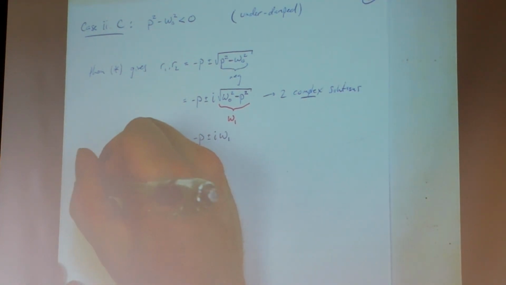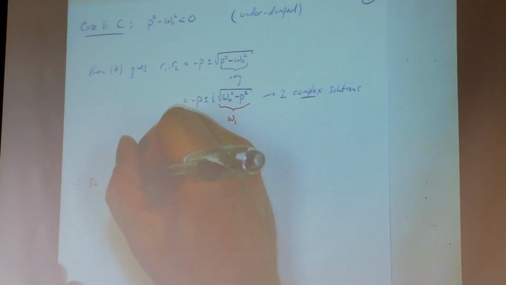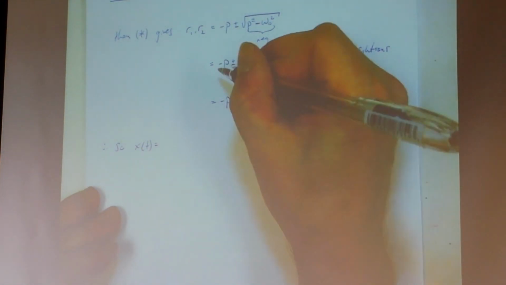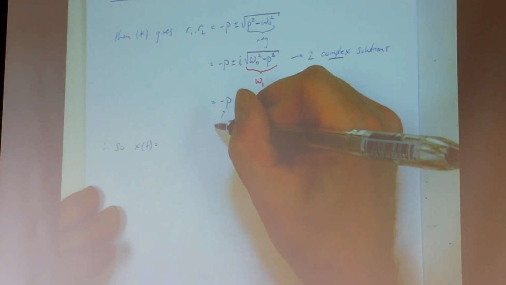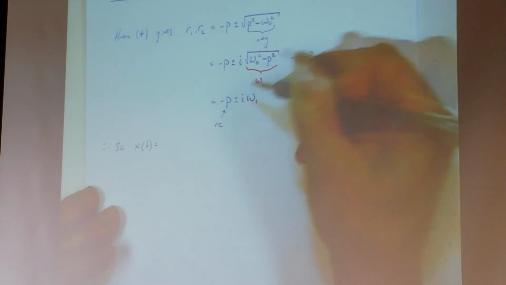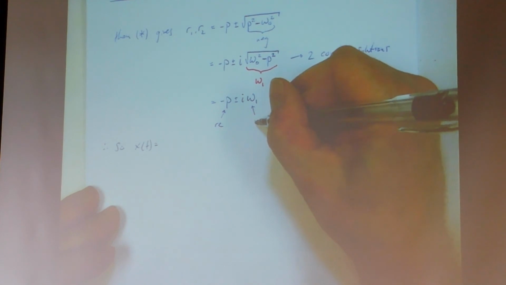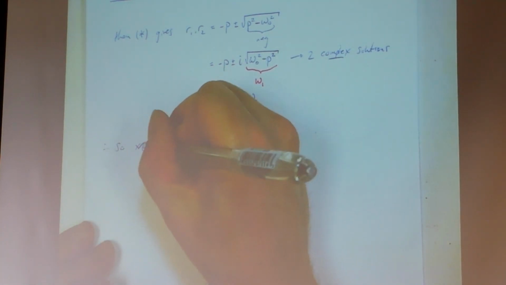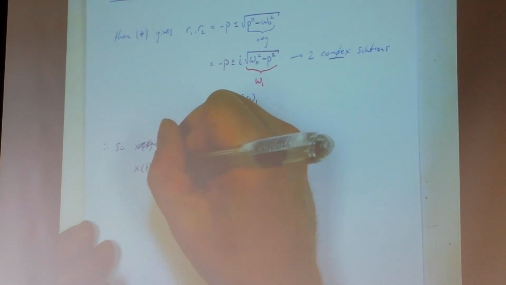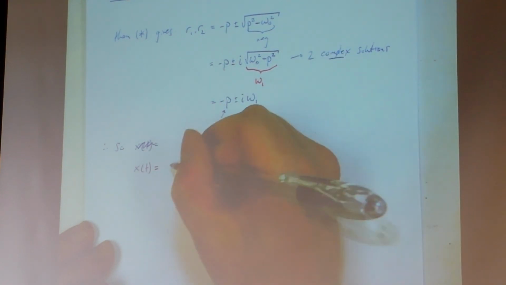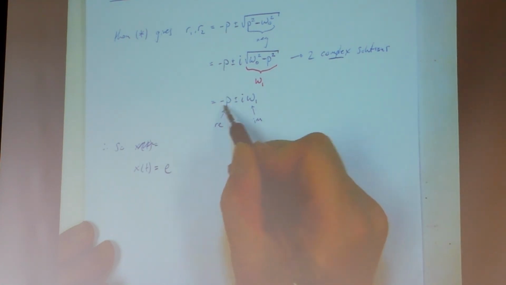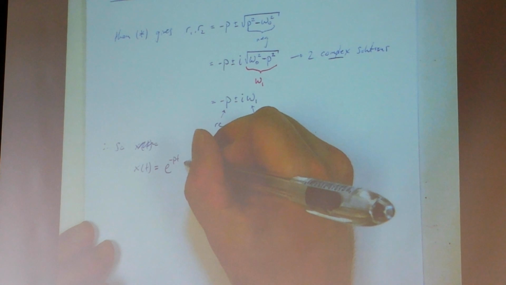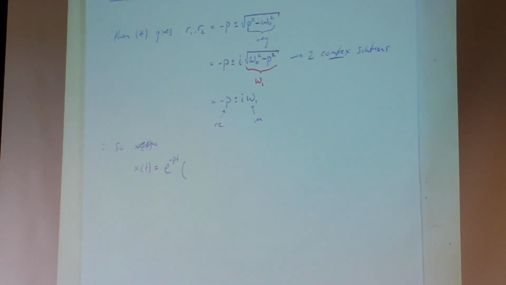So our solution for x of t is going to be, oh, by the way, this is the real part of the complex number. This is the imaginary part. So the solution is e to the real part times t. And in parentheses, we still get the cosine and sine.